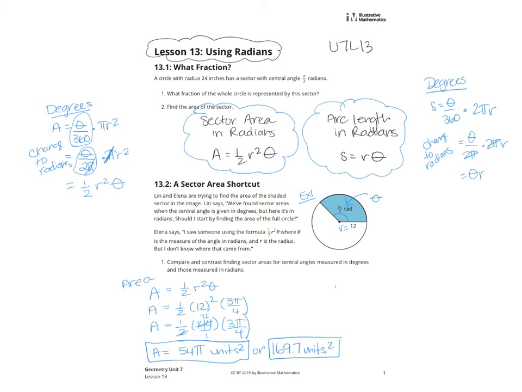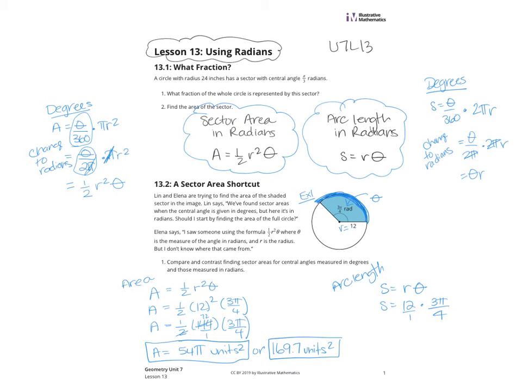So now let's talk about our arc length of this. Remember, the arc length is this distance around the outside. My sector area was the blue. So now I'm just doing the length of this arc around the outside. The portion of my circle times my circumference simplifies down to the radius times my theta. So in this case, it's 12 times 3 pi over 4 radians.